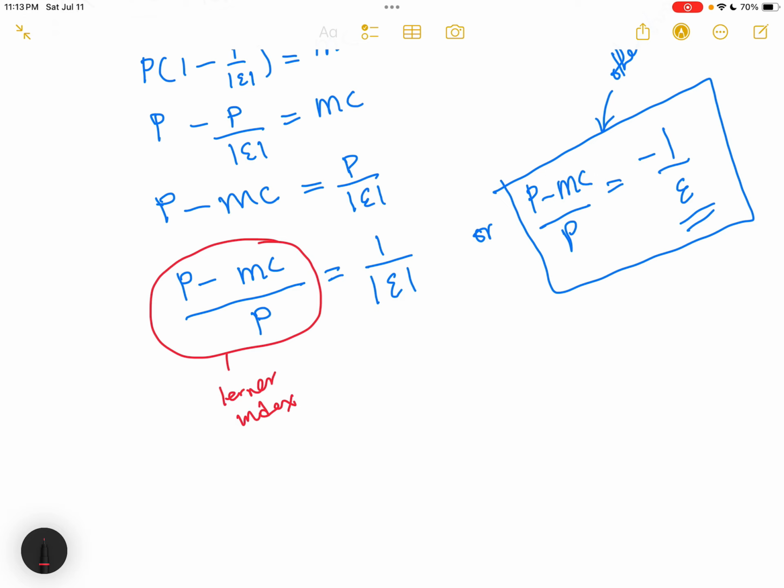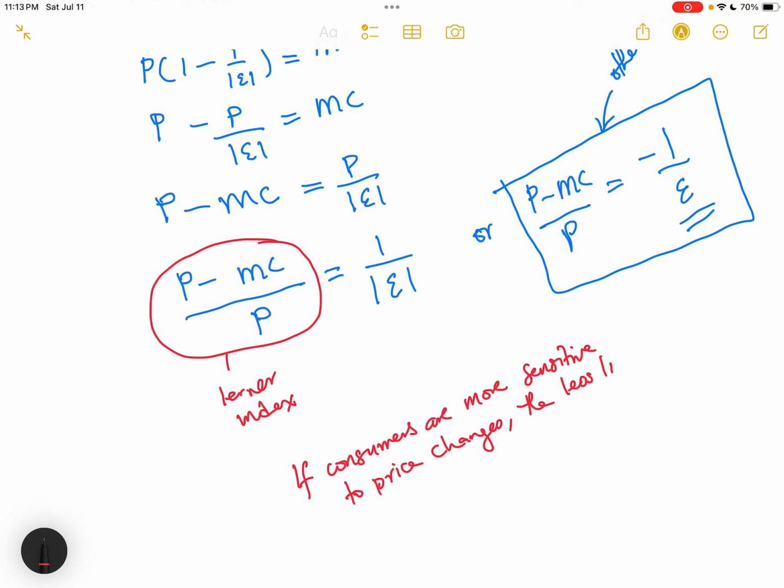So, let's write that down. If consumers are more sensitive to price changes, the less likely the firm can take advantage of them.